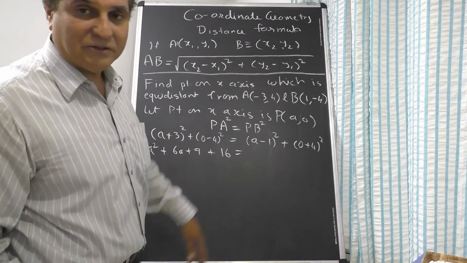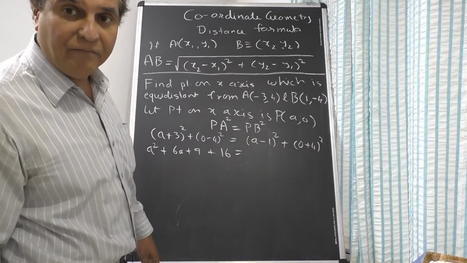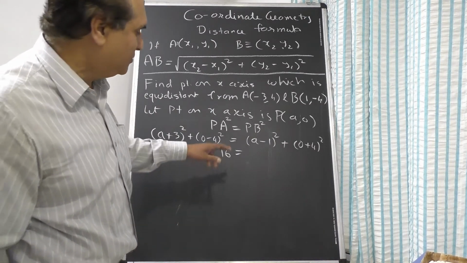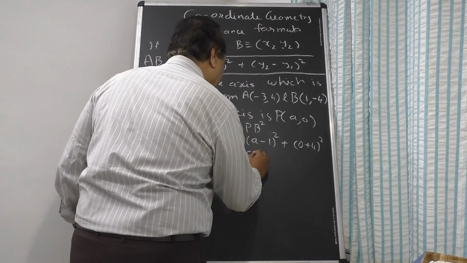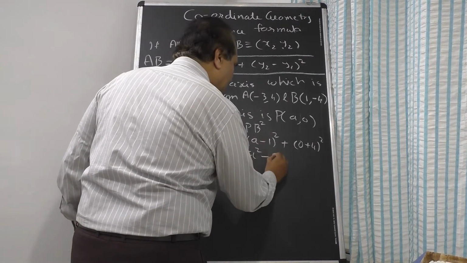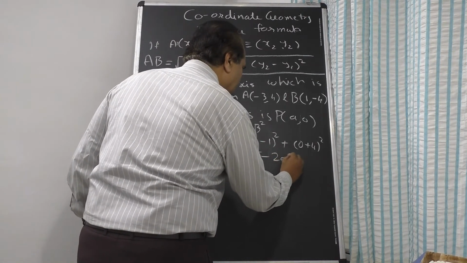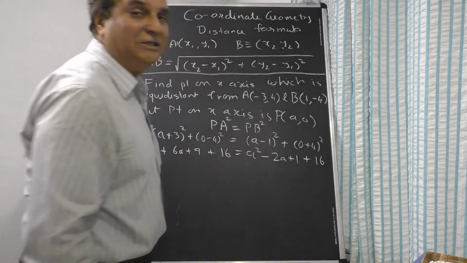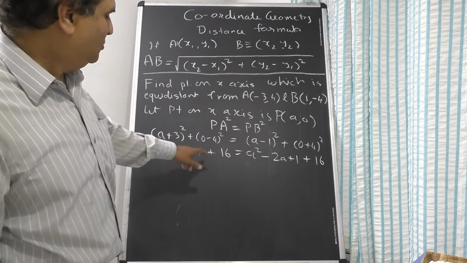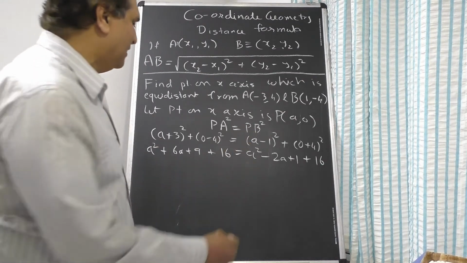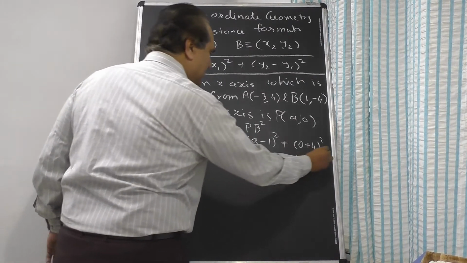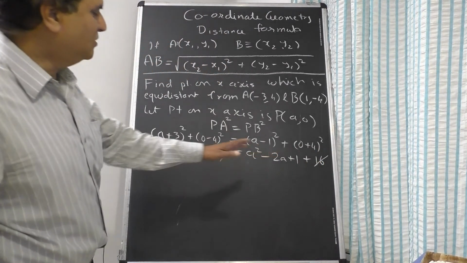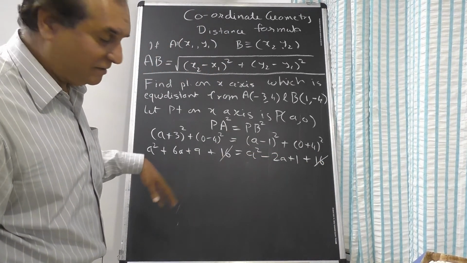Here (a - 1) square, again you have to use the identity, a square minus 2ab plus b square. So that is a square minus 2 into a into 1, that is 2a, plus 1, plus 4 square is 16. Now you see 16 here and 16 there, so I am cutting this 16, because 16 on shifting this side will become minus 16.